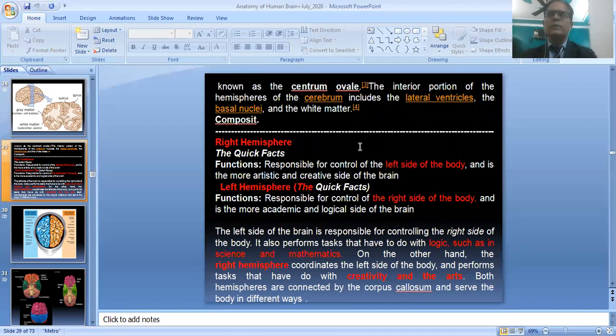We have the central nervous system and the peripheral nervous system. In the central nervous system, the brain and spinal cord come. In the peripheral nervous system, nerves carry the message to the organs, and from the organs they carry the message back.